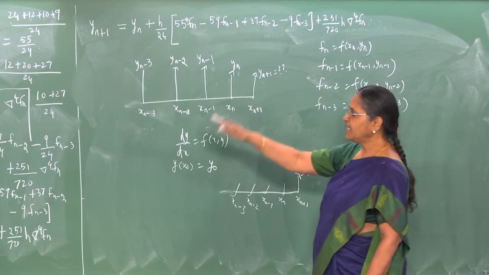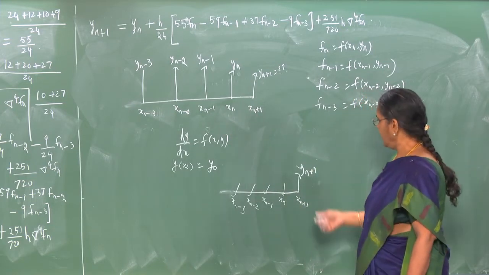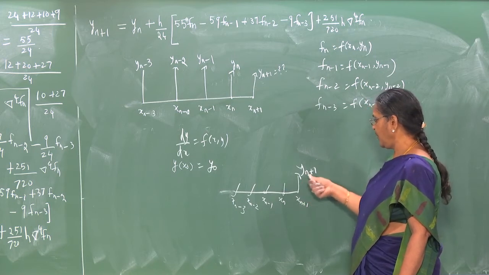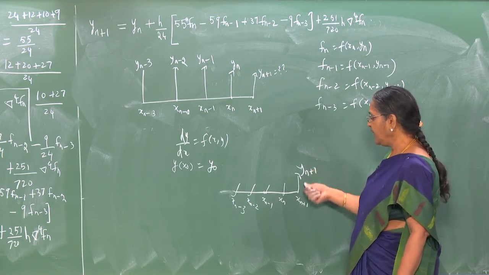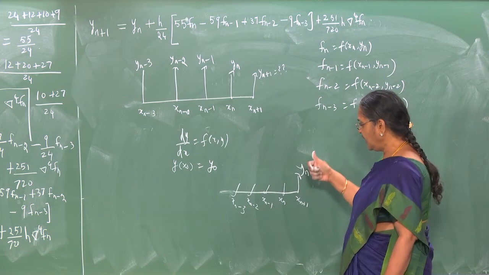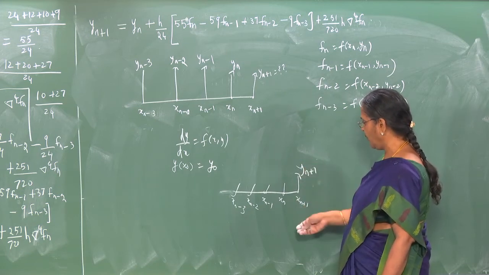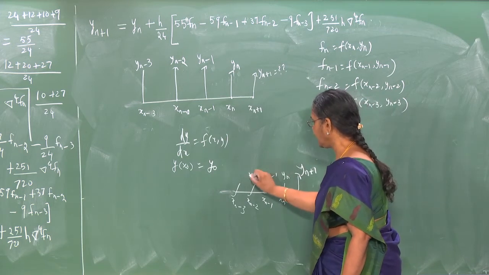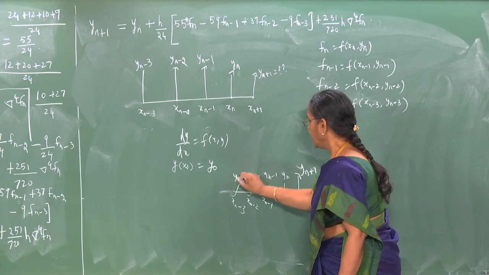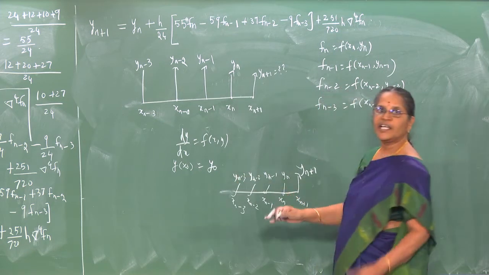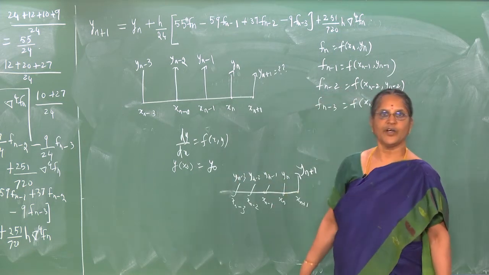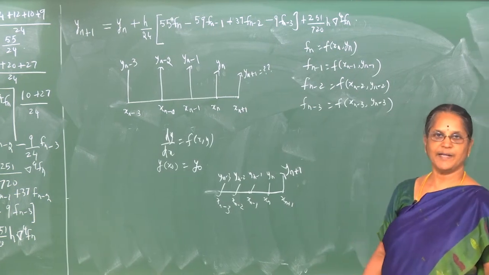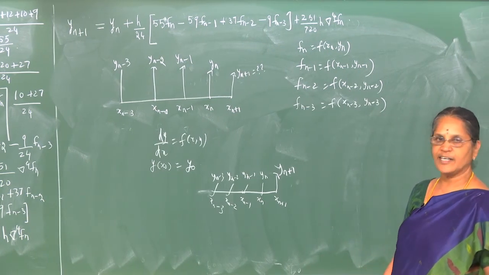So, this is a multi-step method, because the value at xn plus 1, which is yn plus 1, is obtained by having information or knowledge about the solution at the previous points, which can either be given to you a priori, or you will have to compute using the single step methods which you have already learnt.